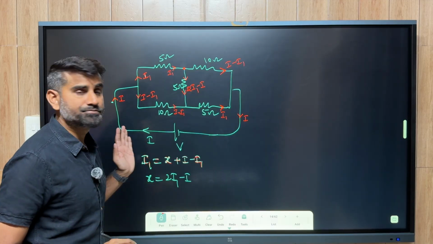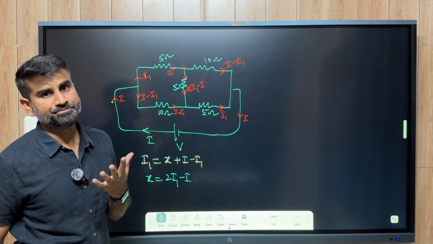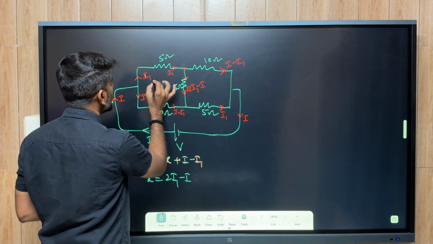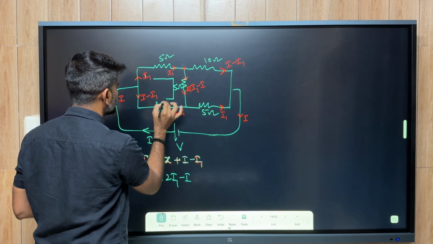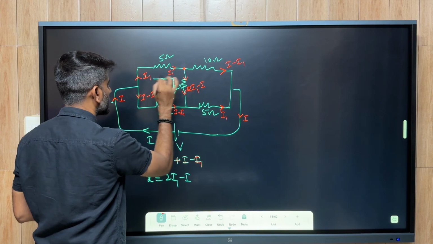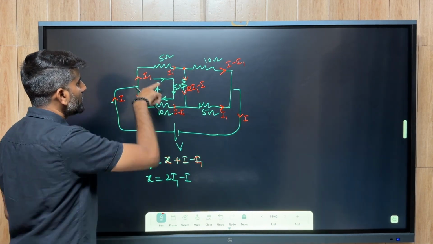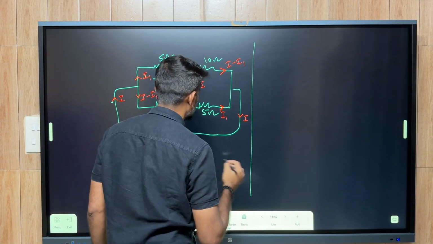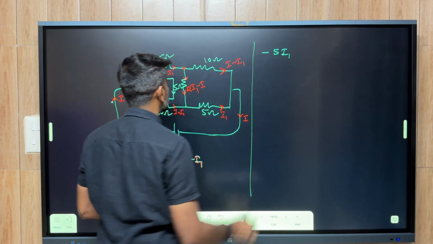I have everything ready. Now I need to use Kirchhoff's voltage law. To do so, I'm taking a loop. That loop is this one, and the direction is clockwise, in the direction of the current. So there is a potential drop: minus 5 I1.